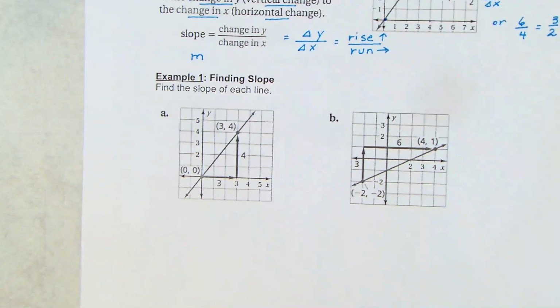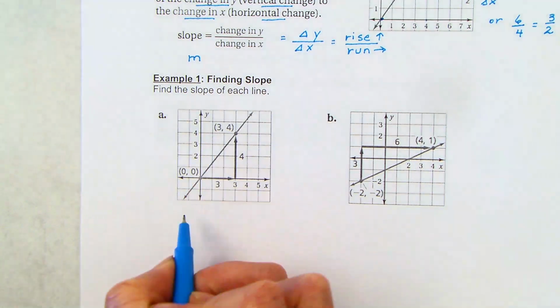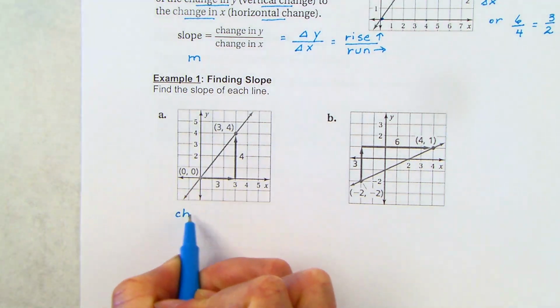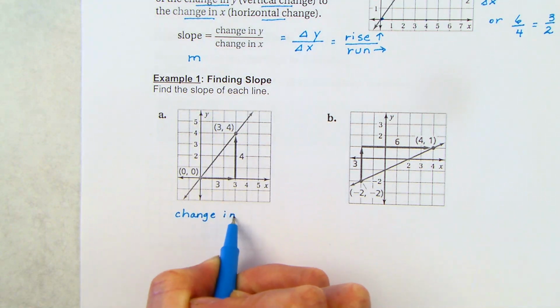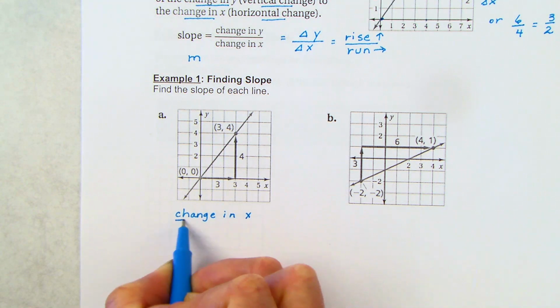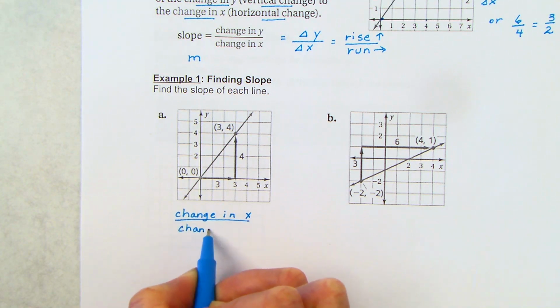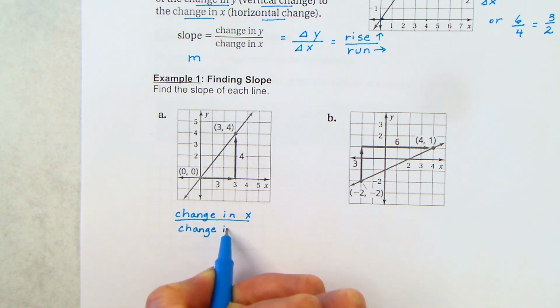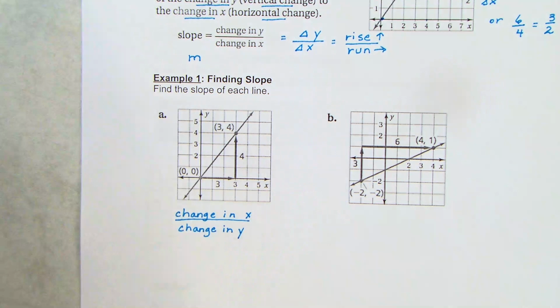We have 2 example problems here. To find the slope of this line, I want to do the change in x over the change in y. I did it backwards.